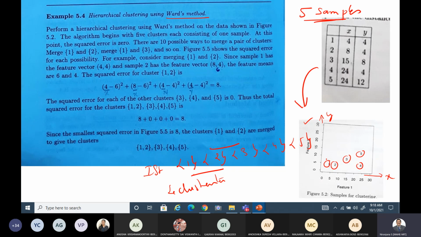For that, all the combinations you have to check. Even though visually you can see some clusters are very far, the squared error when merging them will be higher. You understand that, and looking into the space, you can even decide to exclude some of them.